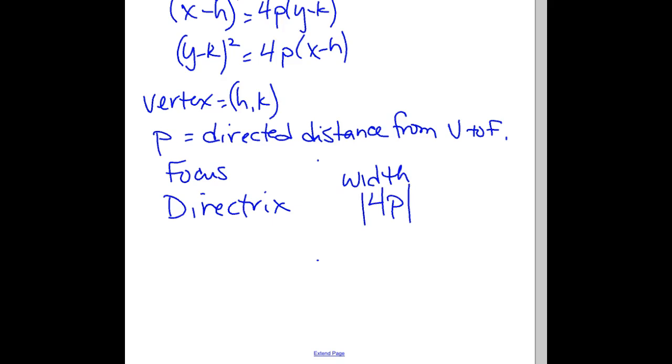So we don't worry about whether it's positive or negative, but we take that 4p piece, all right, and we split it in half, right? We'll say half on each side of the focus. Okay, that gets you your other 2 points, so you can tell how wide to make that parabola. Yes?